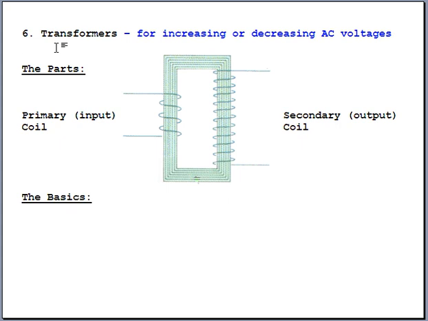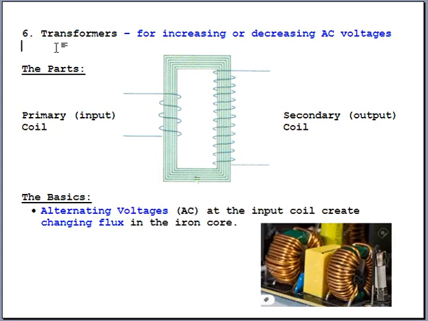Basic operation, what happens with a transformer? You begin by putting an alternating voltage into that primary coil, that input coil. Imagine on these transformers that the coil on this side is the primary, and so some alternating voltage goes in, and that creates a changing flux inside that coil. There's an iron core that links those two coils together, so any changing magnetic field in this one is magnetically linked to the one right beside it.